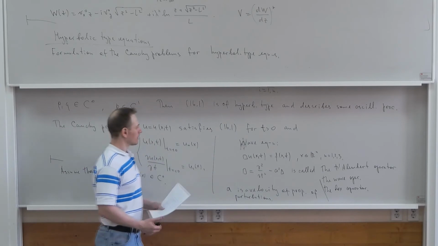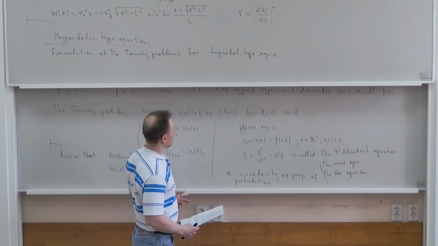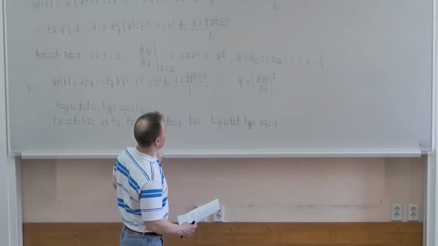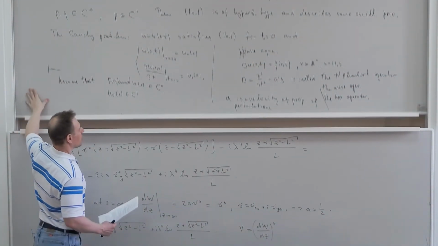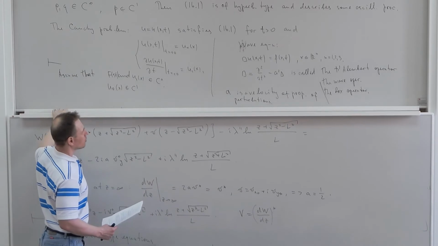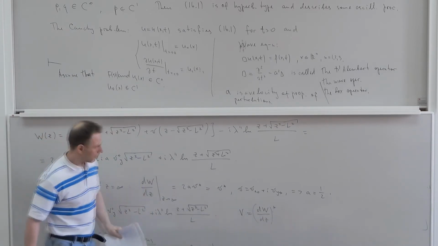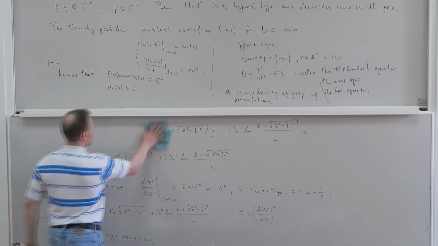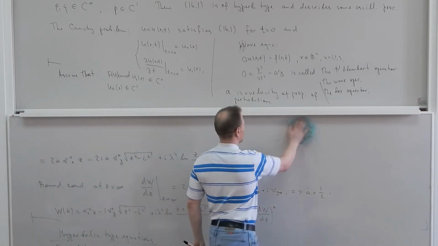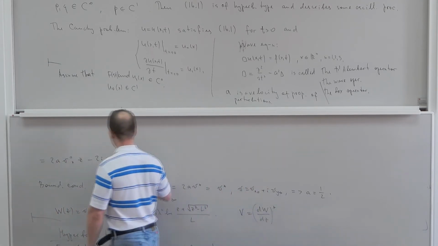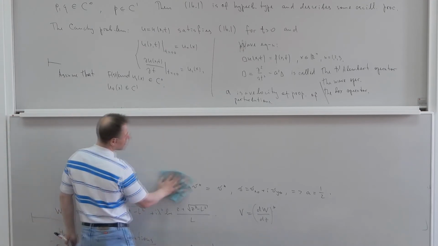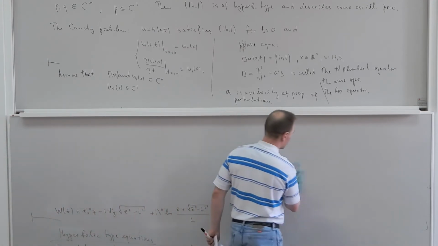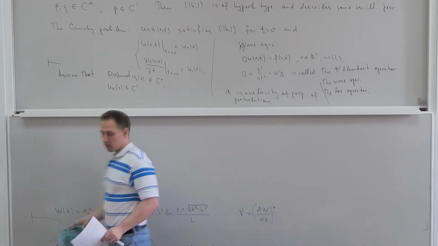And this wave equation is a particular case of a partial differential equation with constant coefficients. And it is this fact that will allow us to find the solution explicitly in terms of some integrals.